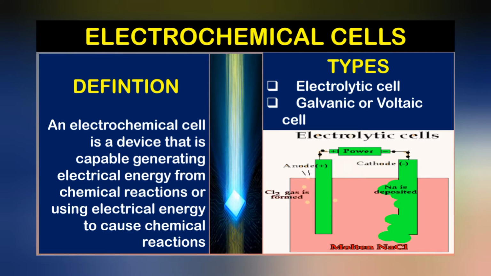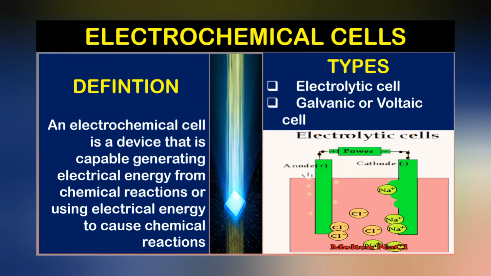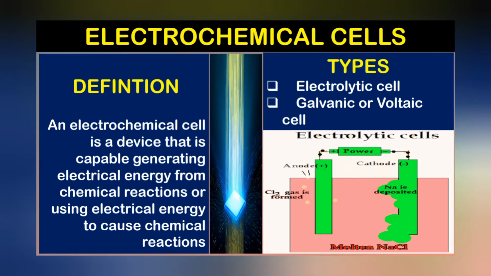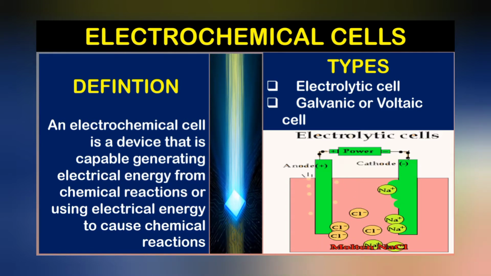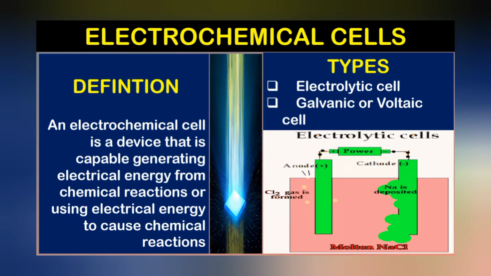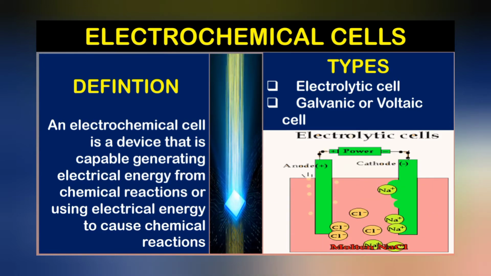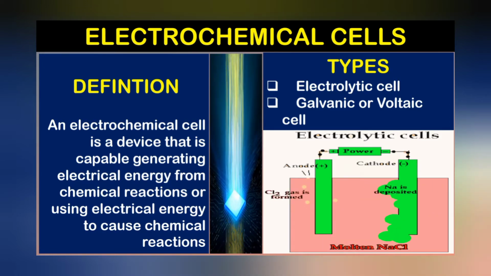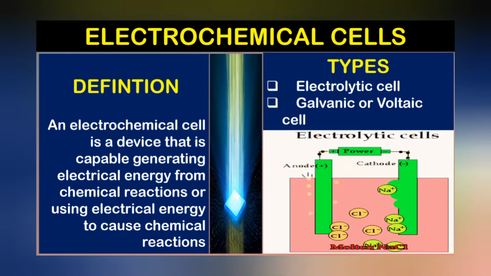In other words, the electrolytic cell is used to produce chemical reactions. But this chemical reaction is activated by the electrical energy that is generated by a battery, which is the source of power.